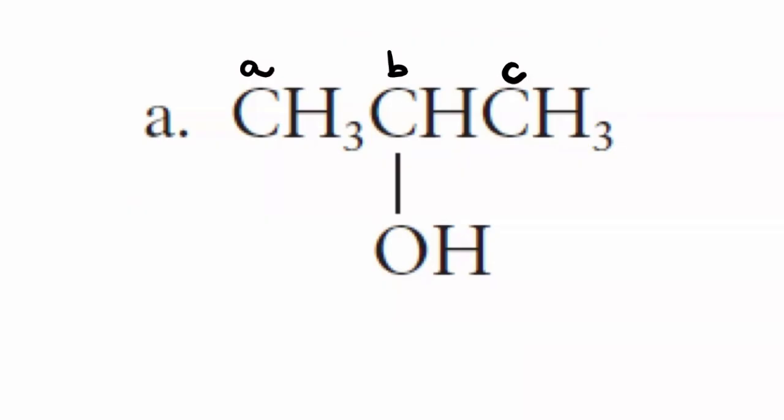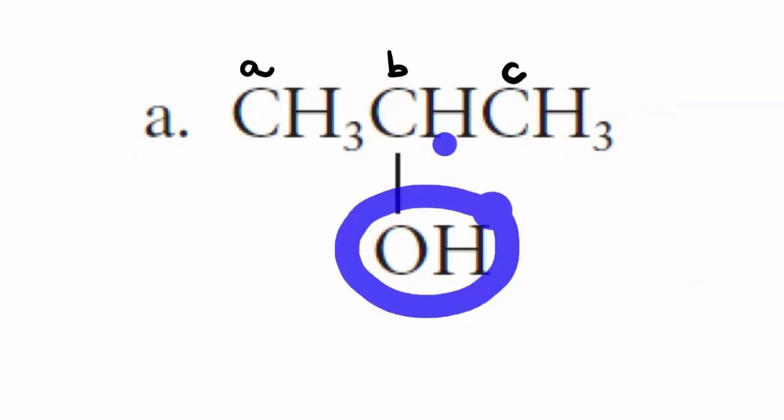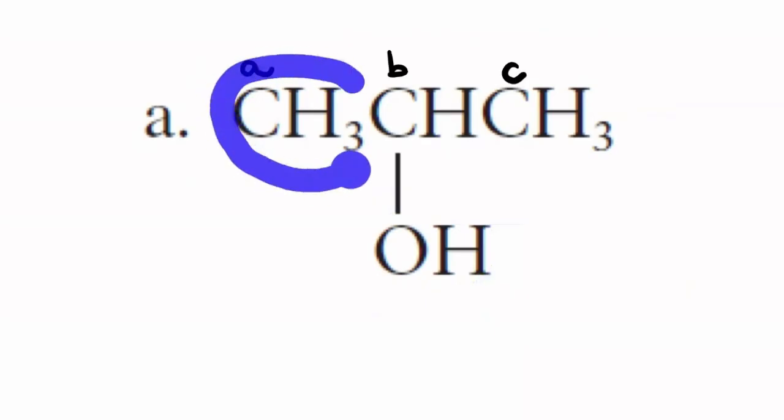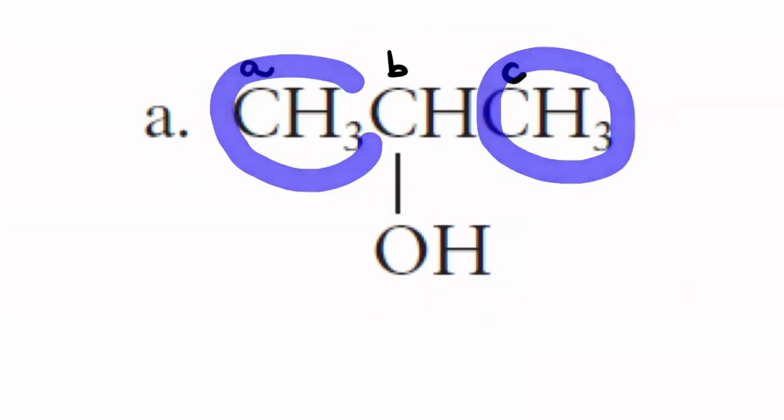By the same definition, carbon C, since it is a CH3, cannot be a chiral carbon because it has three of the same. In order for something to be chiral, it needs to have four different groups. That leaves carbon B. Carbon B is attached to hydrogen, to NOH, and on either side it has CH3s.